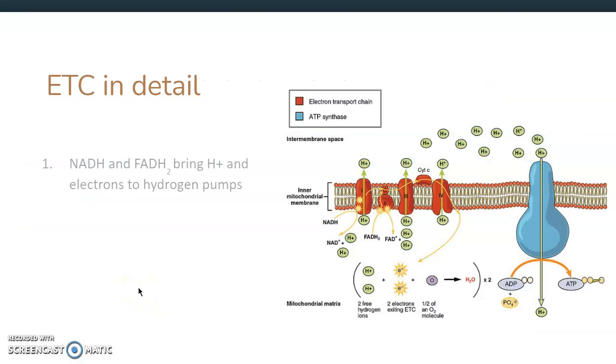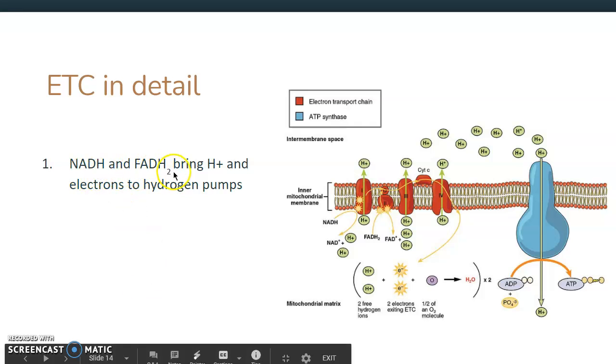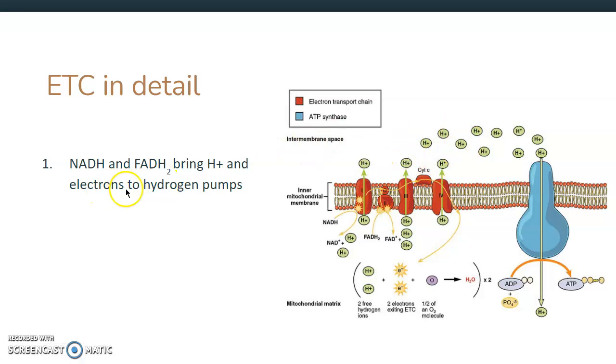So if we look at that in detail, we have our NADH and our FADH2, which bring our hydrogen protons and electrons to the hydrogen pumps. So the way this works is our energy molecules bring the energy right here, which allows the H pluses on this side of the membrane to be moved across, these protons into a large gradient.